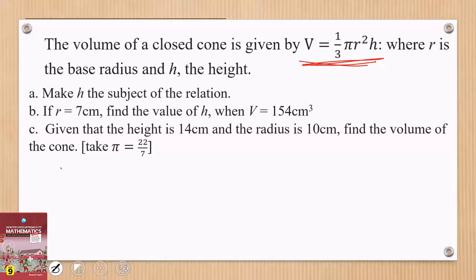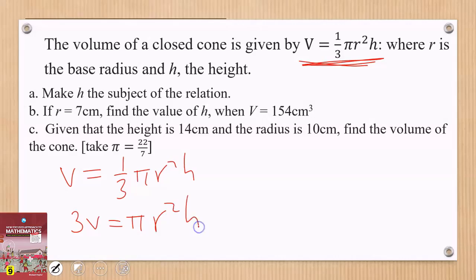So first of all, we know our v is given, and they say we should make h the subject. So to make h the subject of 1/3 pi r squared h, we first have to eliminate the fraction by multiplying through by the LCM. So we are going to have 3v is equal to pi r squared h.